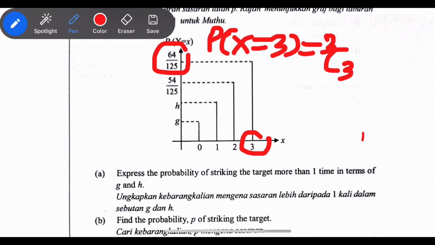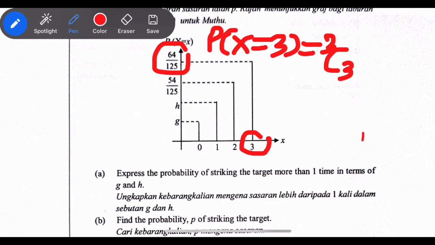So let's write down the formula, which is nCr p^r q^(n-r). So P(X = 3) will be 3C3, then p to the power 3, and then q to the power n minus 3.